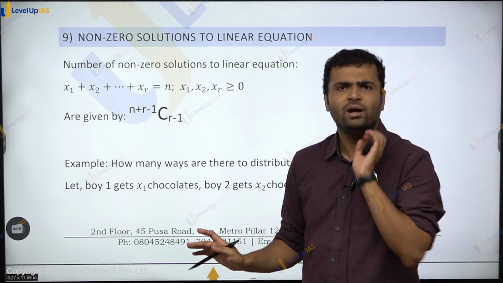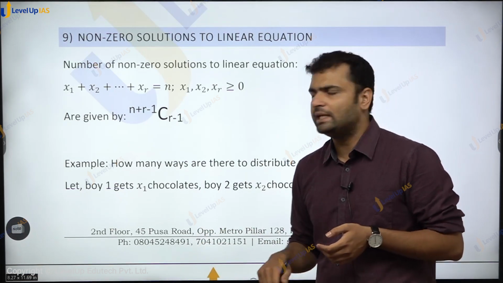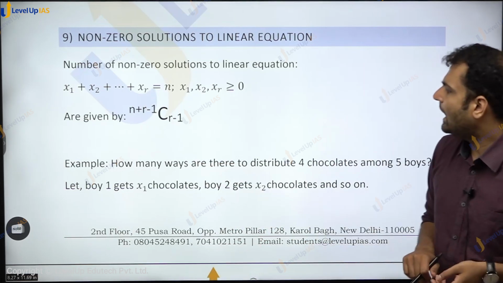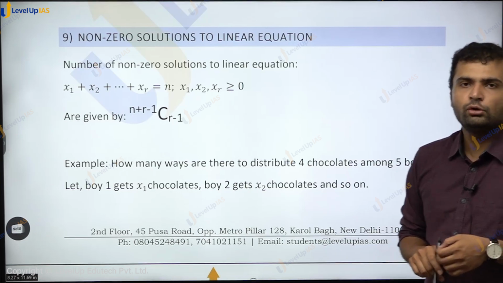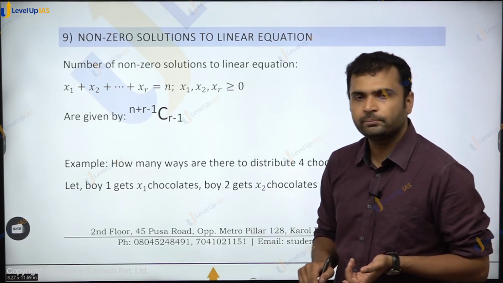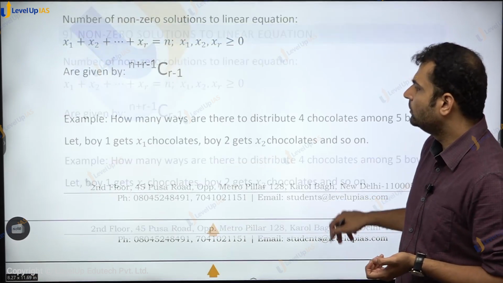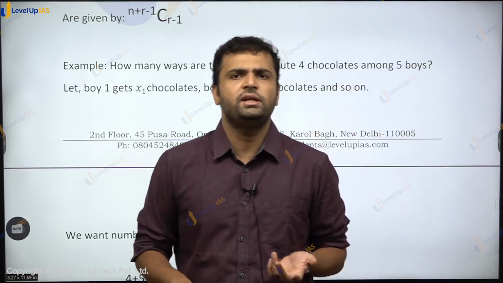Where it comes from and why, for now it doesn't matter. But how to use it? Let us see. Look at the question: how many ways are there to distribute 4 chocolates among 5 boys? Nothing has been given about the chocolates or the boys, and no information is given about how many chocolates each boy gets.